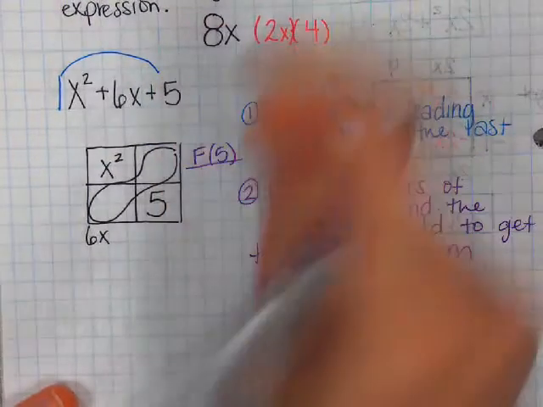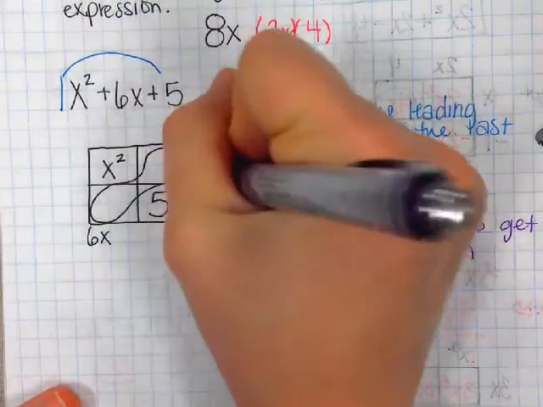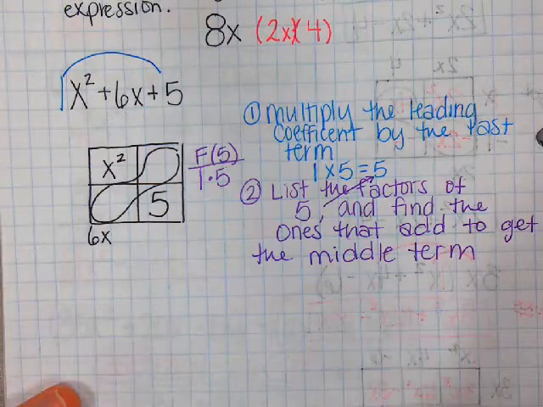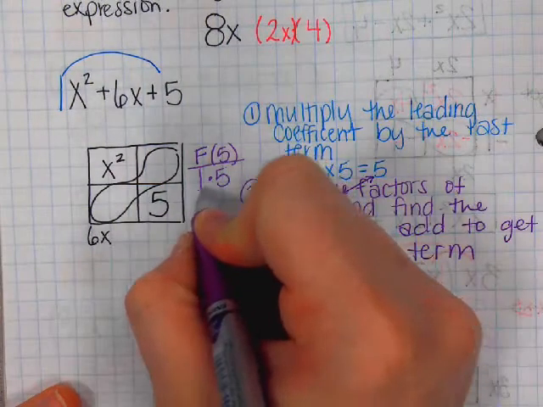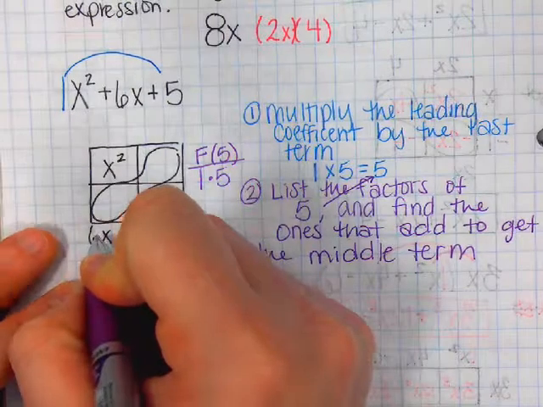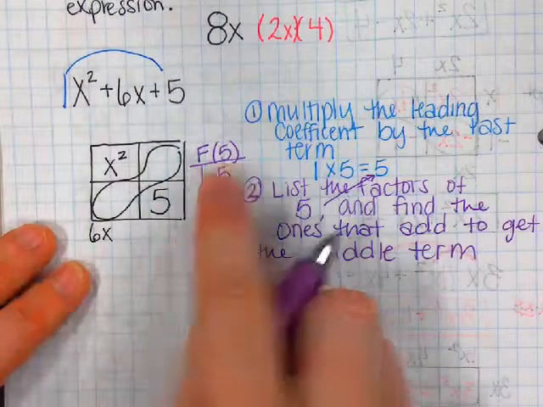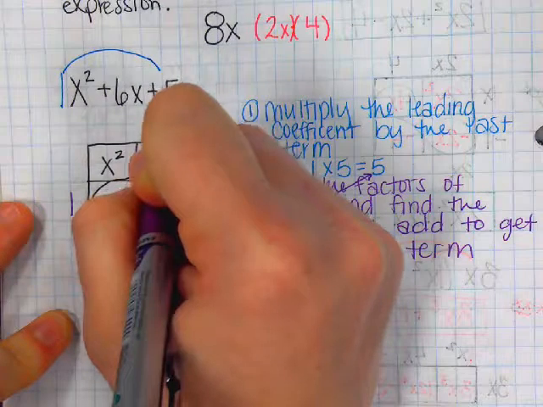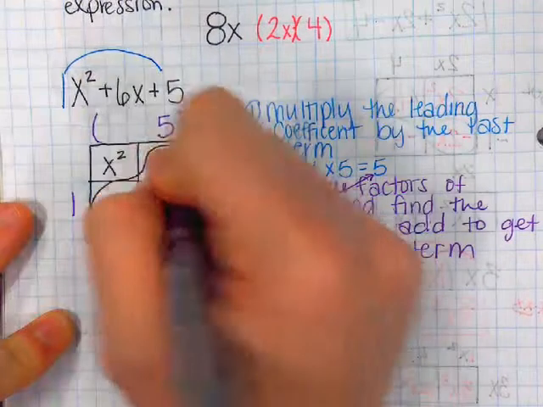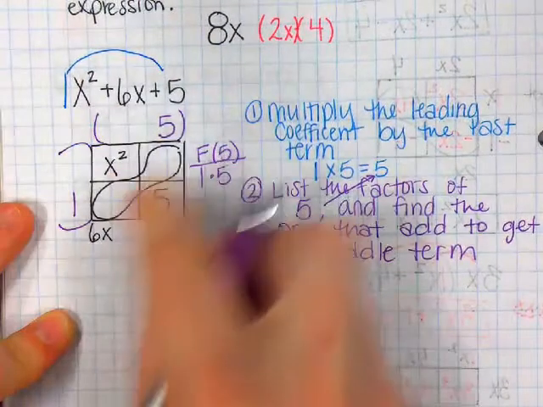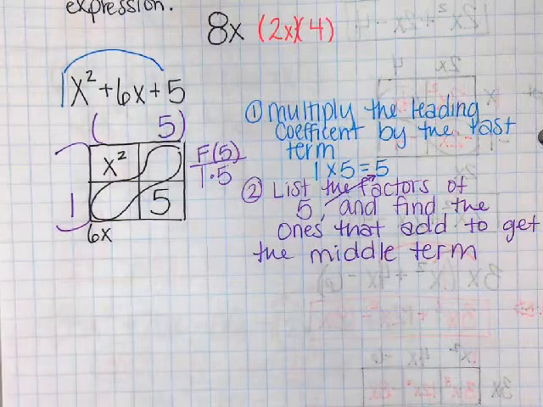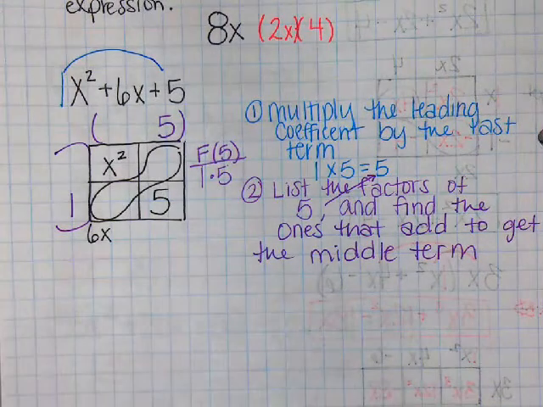I picked an easy one to start with just so that everything works out a little easier. The only factors of 5 are 1 times 5. If you add those together, 1 plus 5 does give you 6. So the last numbers of what multiplies have to be 1 and 5. 1 times 5 is 5.